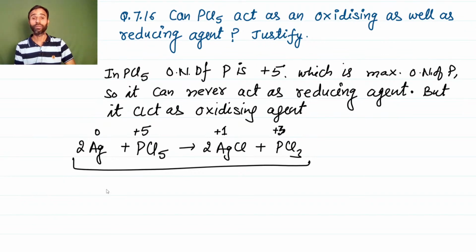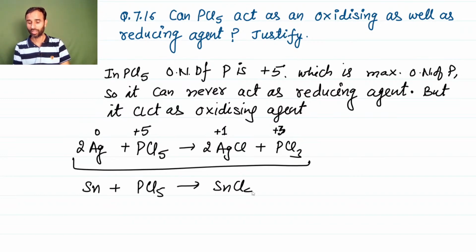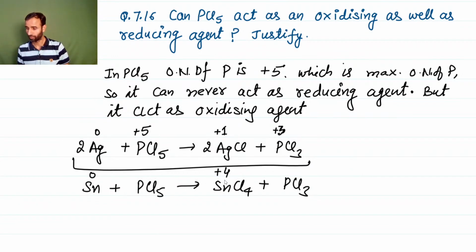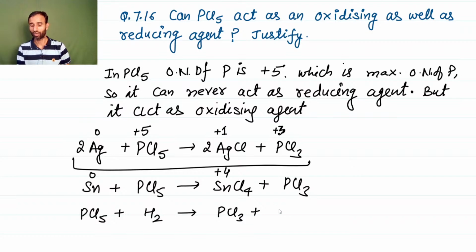Okay, even Sn can be converted into SnCl4 along with PCl3. Okay, Sn goes from 0 to +4. Or even PCl5, when it reacts with hydrogen gas, will give PCl3 along with HCl.